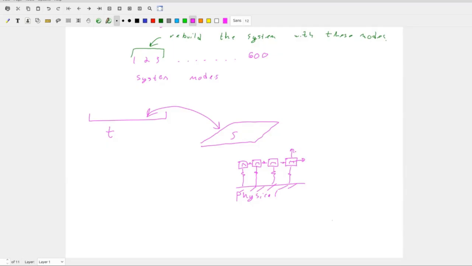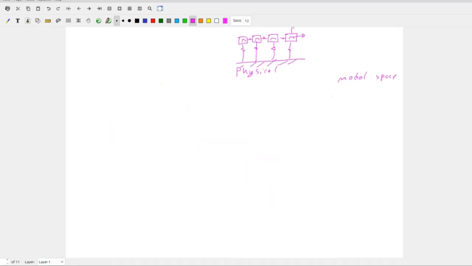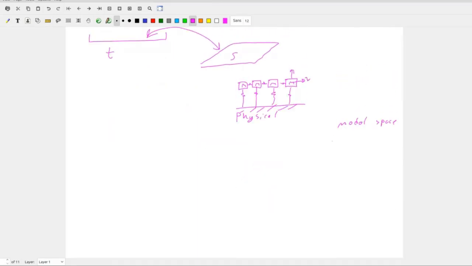So what we want to do is transfer this into a modal space, where we have modal coordinates. Here we're going to have x1, x2, and here we're going to have modal coordinates, like R1, R2, which we won't talk about today, and maybe we'll talk about on Thursday.